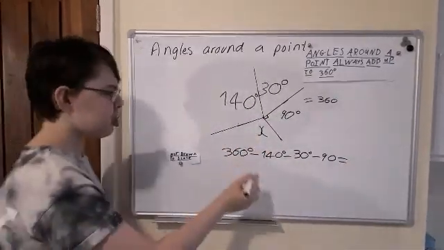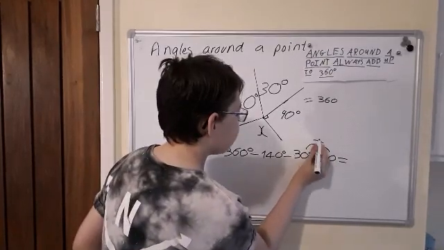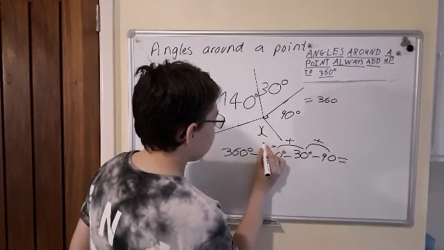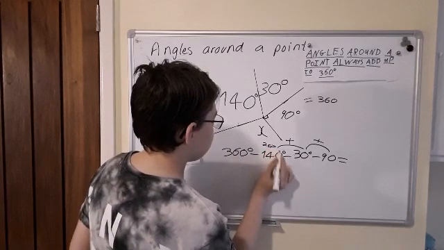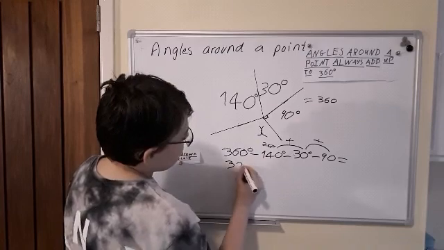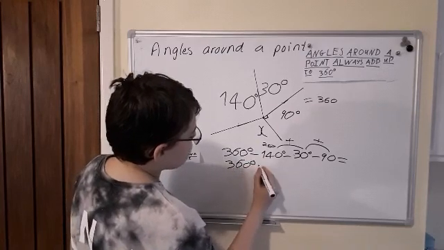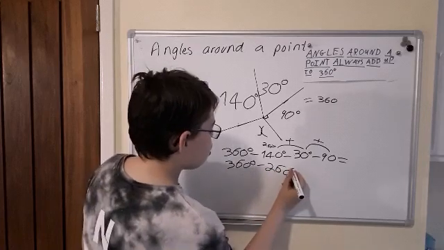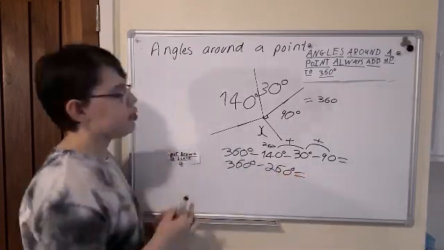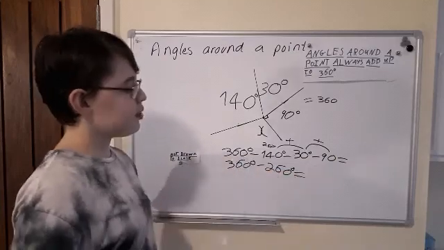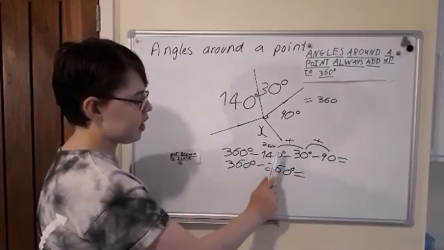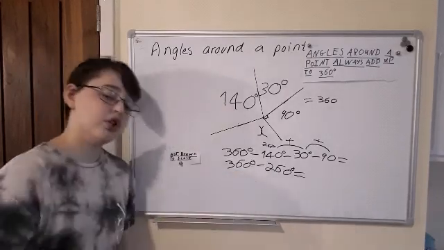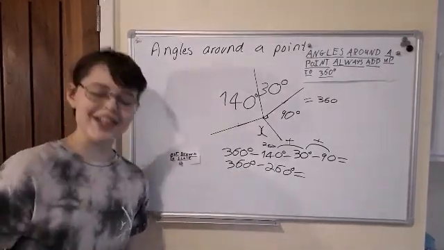Yeah. So let's shorten it. We'll add these together and add these together, which equals 260 degrees. So instead of doing that long equation, we'll do 360 minus 260 degrees. We're doing that because we are shortening this equation, so we're doing 90, add 30, add 140 equals 260, so that we can do 360 minus 260, which is a lot easier.